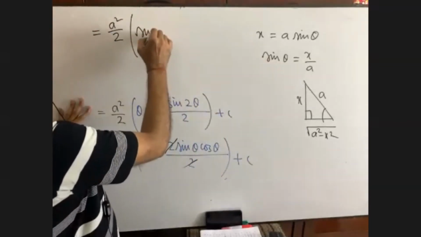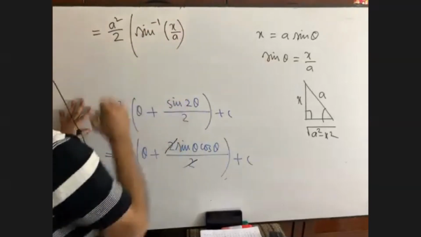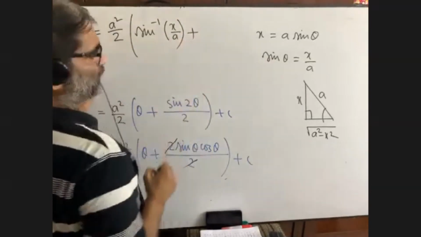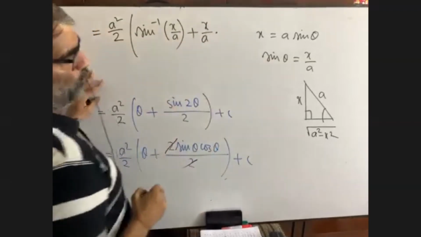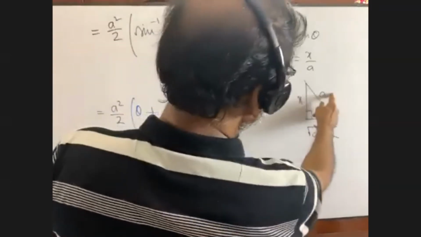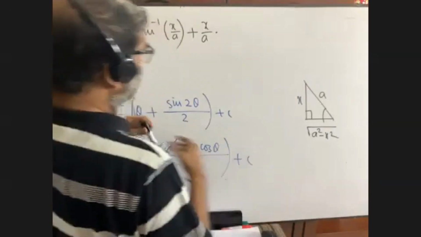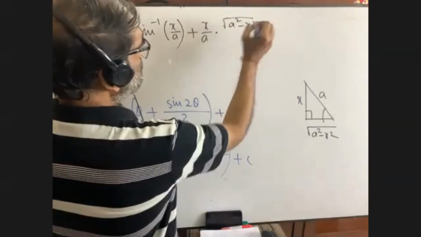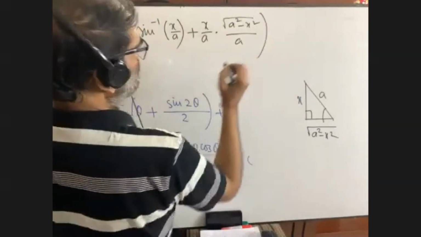Write down. Sine inverse x by a. Then sine theta cos theta plus, what is sine theta? Sine theta is x by a. What is cos theta? Cos theta is base by hypotenuse. This is base by hypotenuse. This is hypotenuse plus c.